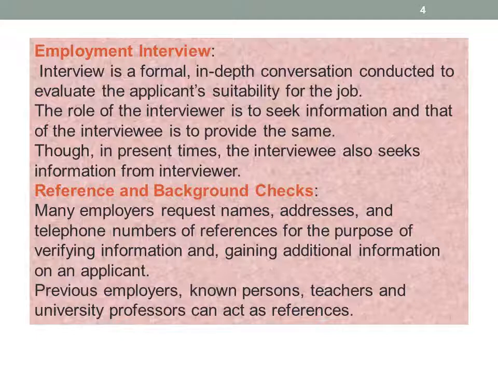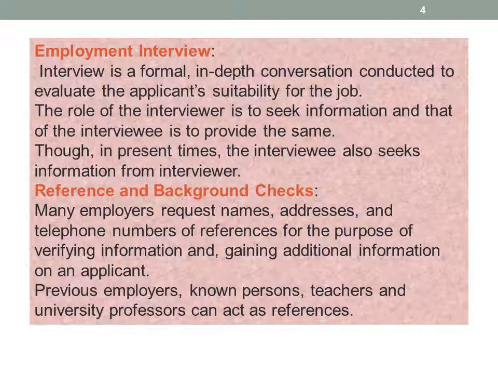So the next one is reference and background checks. It says that if a person is selected at any stage, as I said, selection is a negative process. Out of 500 applications, 100 were rejected at the initial level.